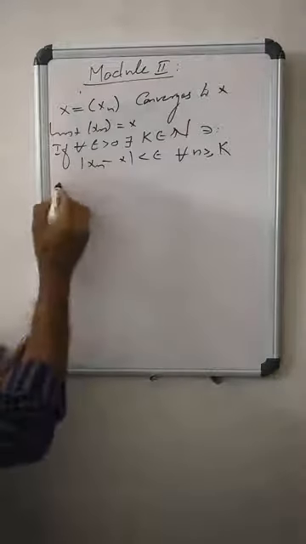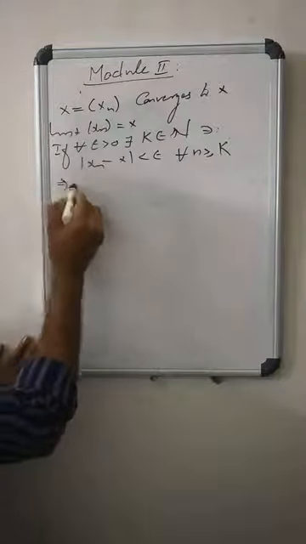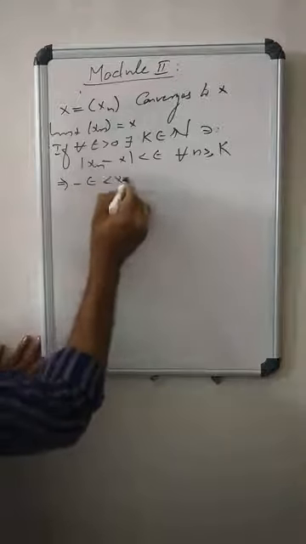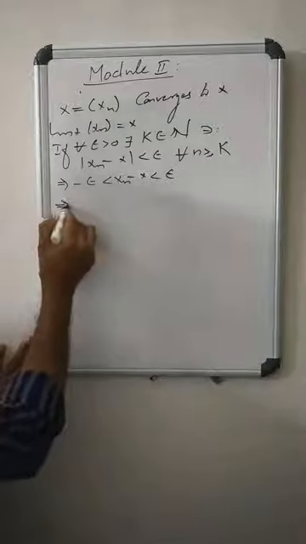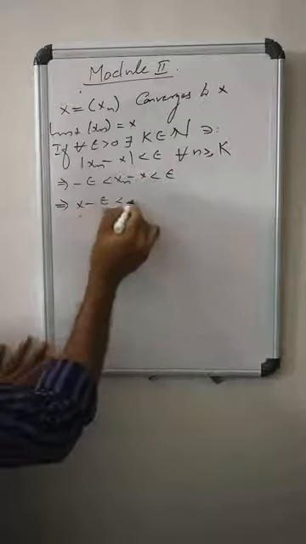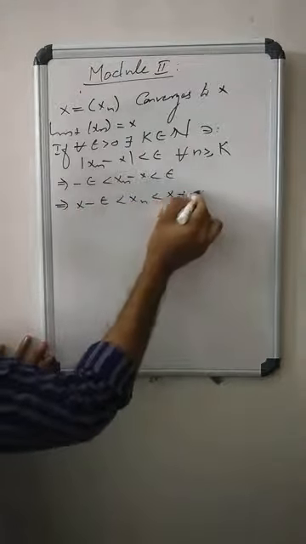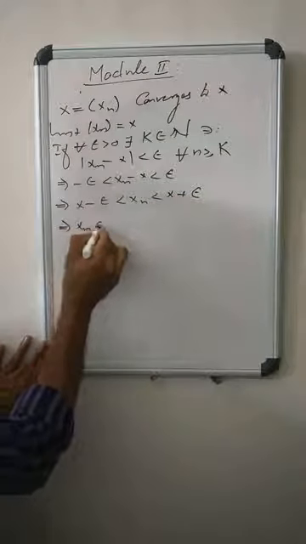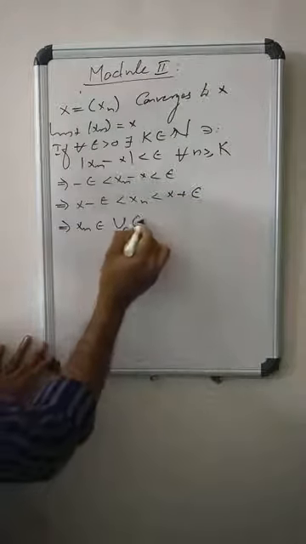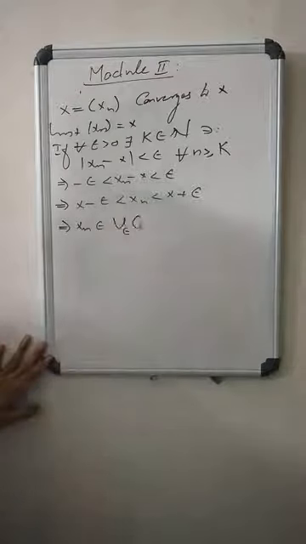Modulus of xn minus x less than epsilon means minus epsilon less than xn minus x less than epsilon. That means x minus epsilon less than xn less than x plus epsilon. So xn falls in the epsilon neighborhood of x.